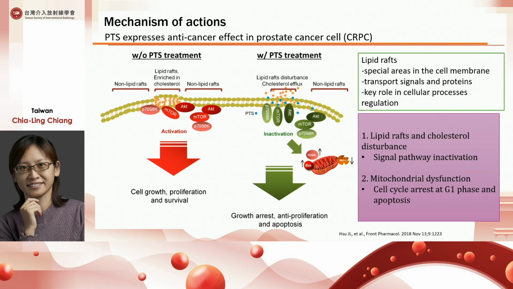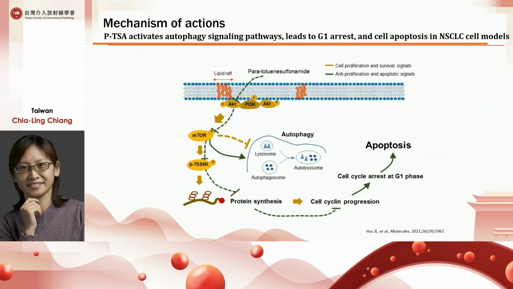And then it induces mitochondrial dysfunction, holds the cell cycle arrested at the G1 phase, and then triggers apoptosis. This finding was found in the prostate cancer cell. And a similar mechanism was also found in non-small cell lung cancer cell models.